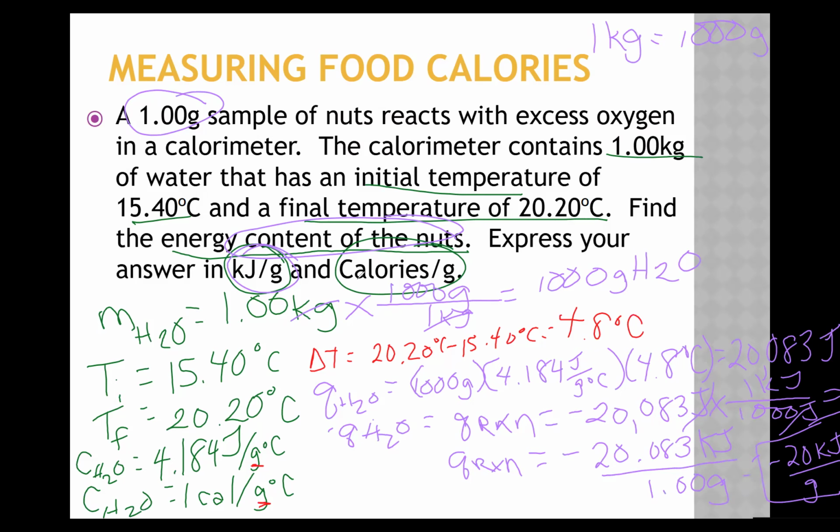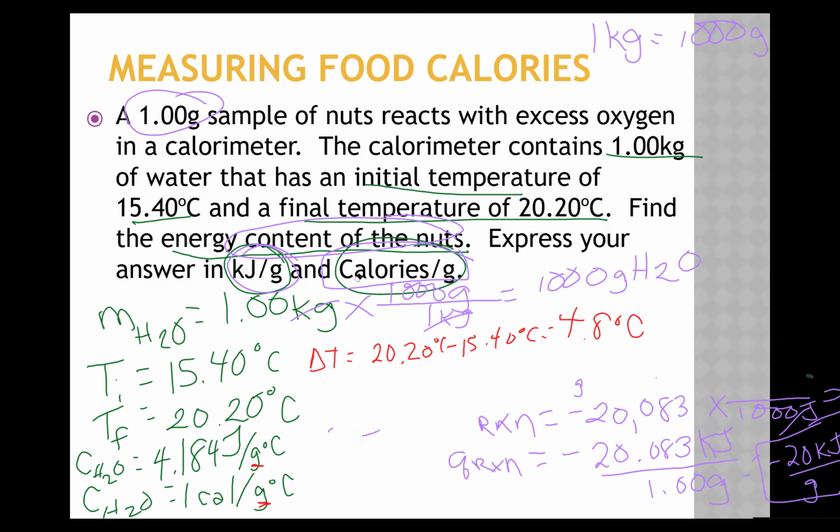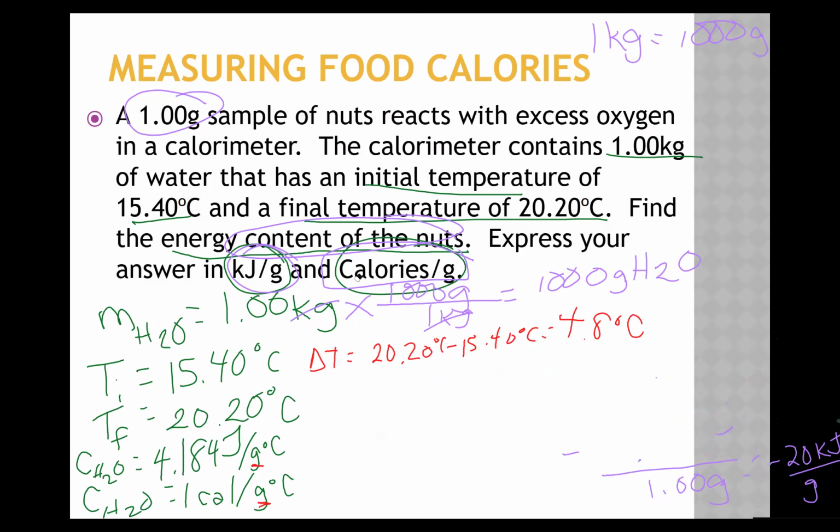Now, we did that in kilojoules, but we also need to do it in calories. So we're going to take this and erase this part, and the rest we can keep because it's still the same information. We're just doing a different problem. So let's change it. We're going to say the Q of the water. This time we're using calories.